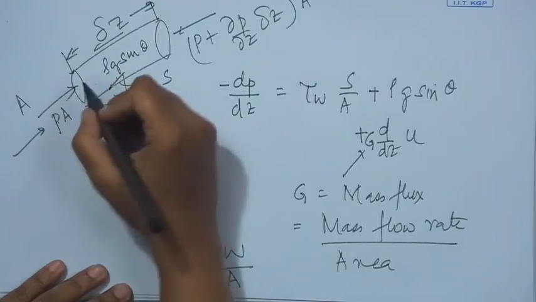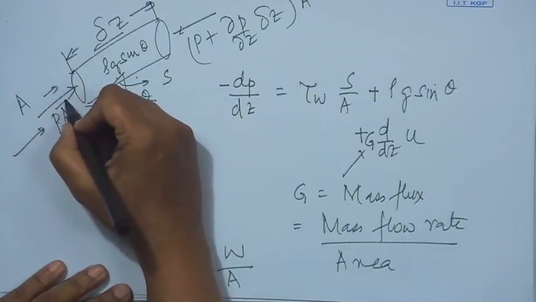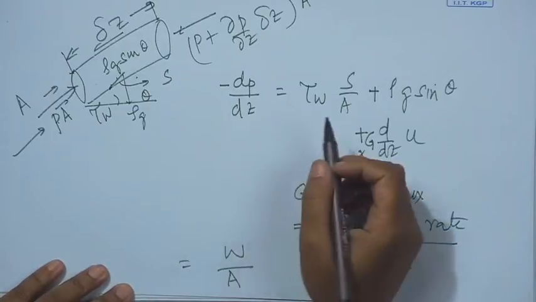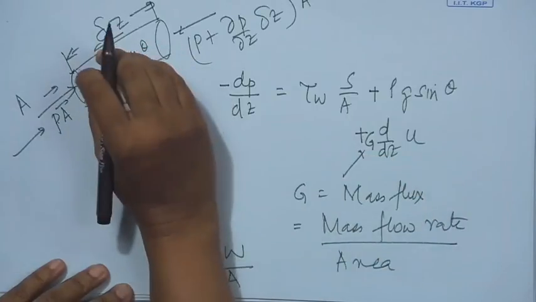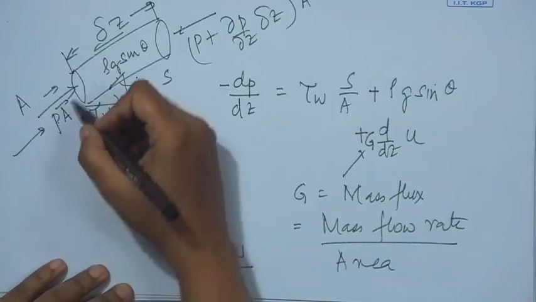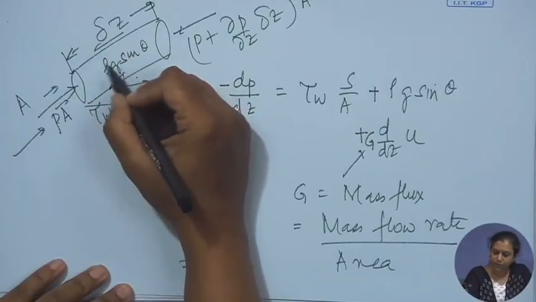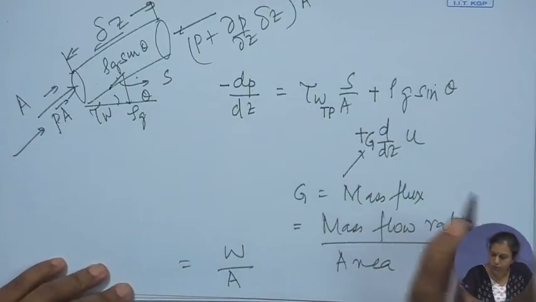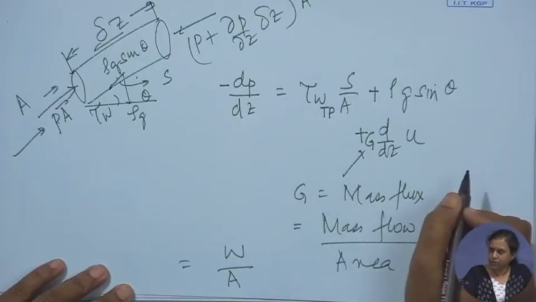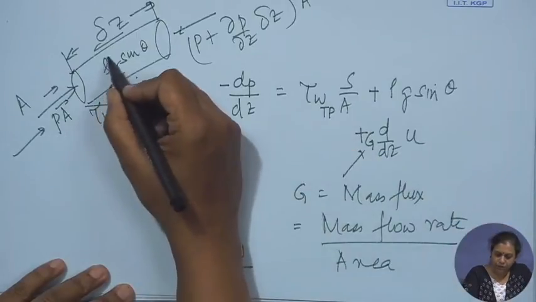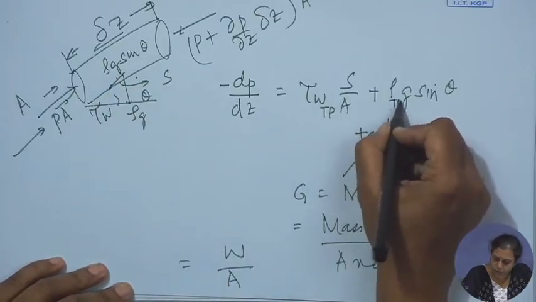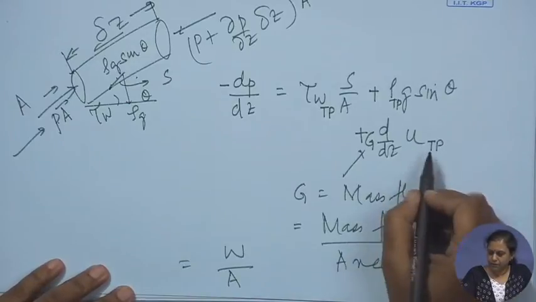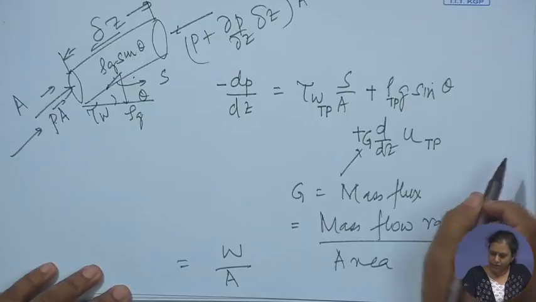Now, suppose instead of a single fluid, two fluids are flowing here. What do we find in this case? Let there be any sort of distribution here. No matter how they are mixed, they will be interacting with the wall. So this is going to become tau W two phase, some sort of interaction with the wall, and instead of single density, it is going to be a mixture density, and this u is going to be a mixture velocity.